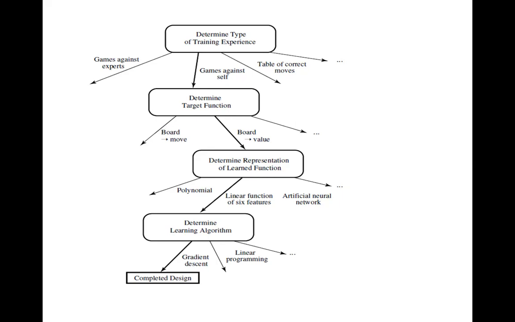We'll use a linear function for that with 6 features: x1, x2, x3, x4, x5, x6. We'll represent the target function using these 6 features. And then you have to choose some learning algorithm. As we said, a lot of algorithms are there. We'll finalize with the gradient descent learning algorithm.